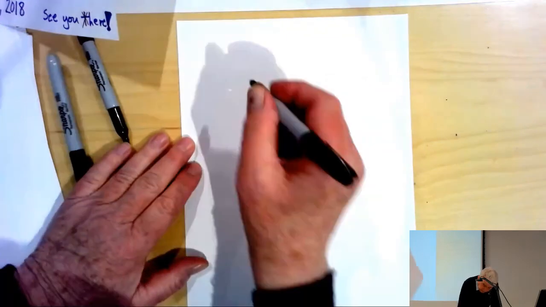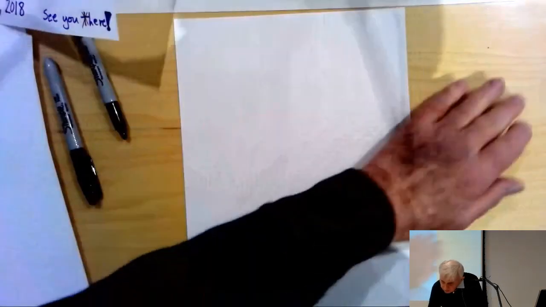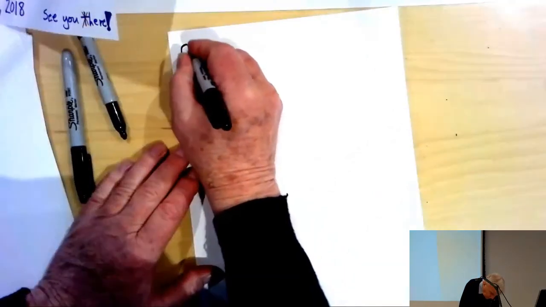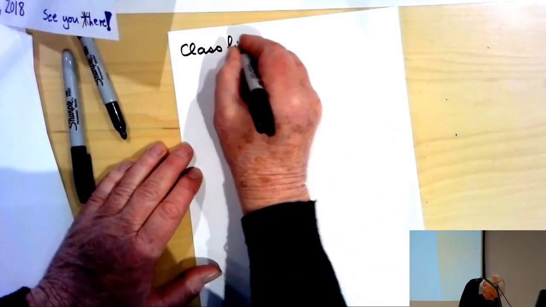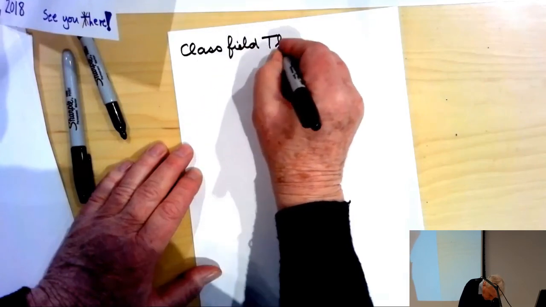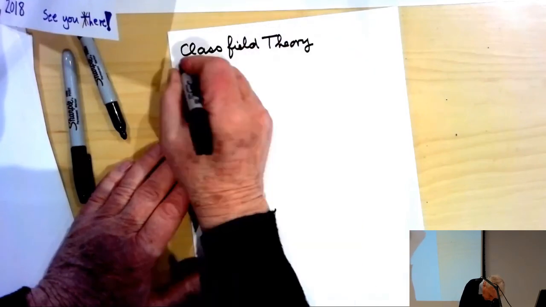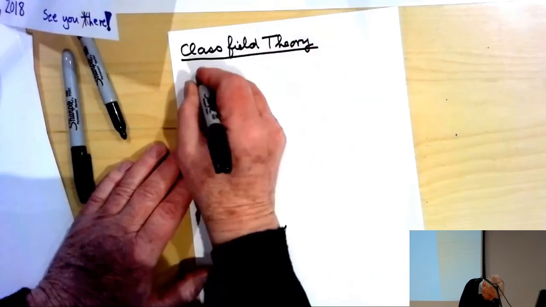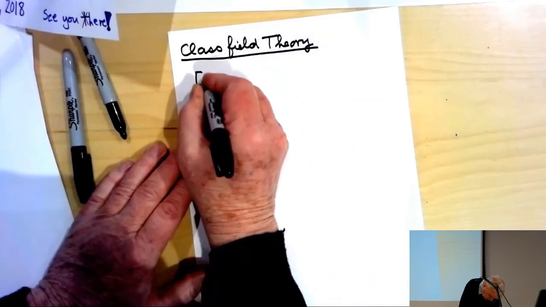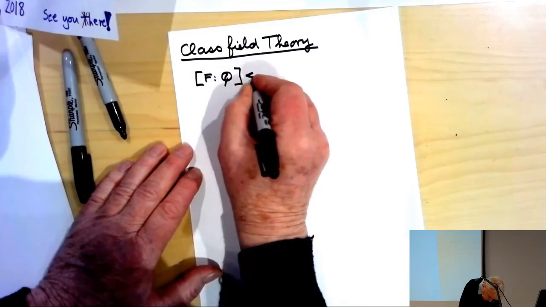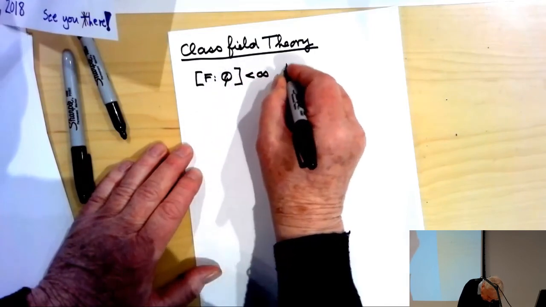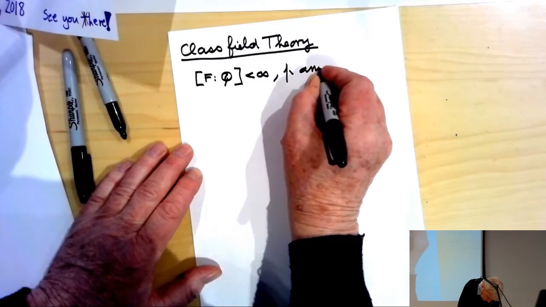suppose that you have your number field F. F over Q is finite. p is any prime.